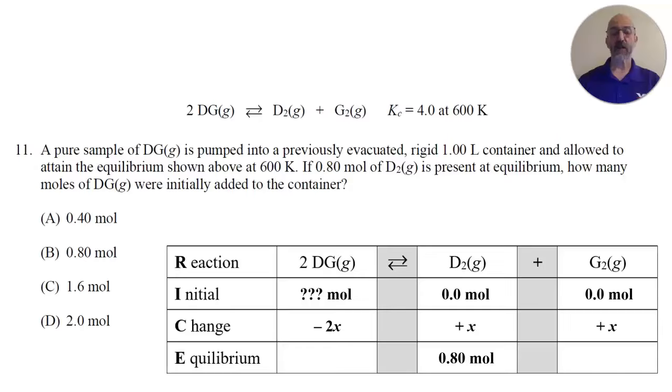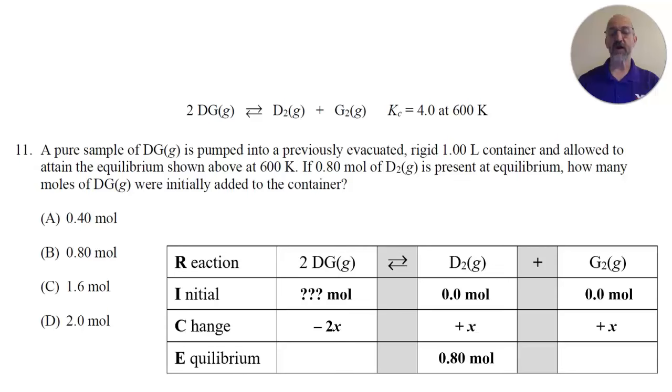But you will notice that I wrote minus 2x because the amount of moles of substance Dg would be decreasing as the system moves toward establishing equilibrium, and the amount of moles of the products, D2 and G2, would be increasing.